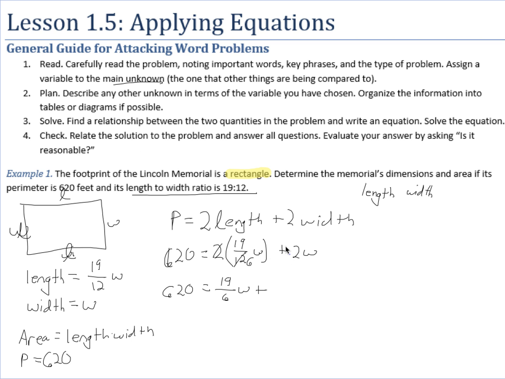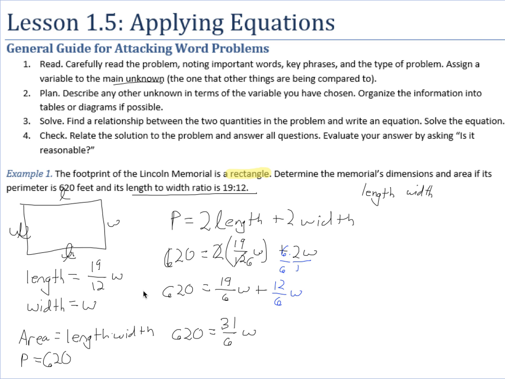So I'm going to multiply this thing by 6 over 6 so we can have a common denominator. And this is 12 sixths W. We can add like terms here, so we still have 620 over here is 19 sixths W plus 12 sixths W, which is 31 sixths W.